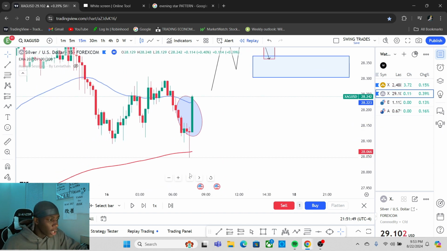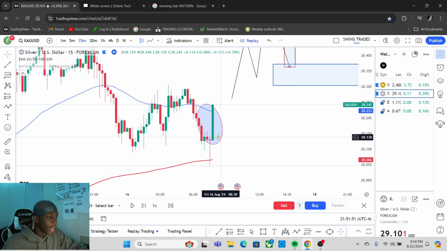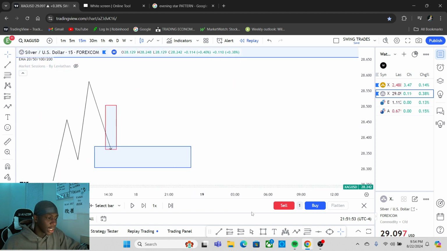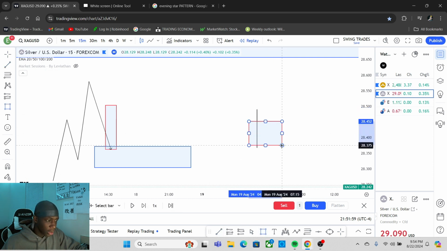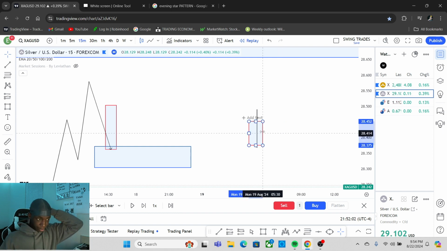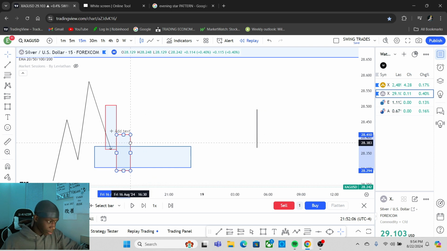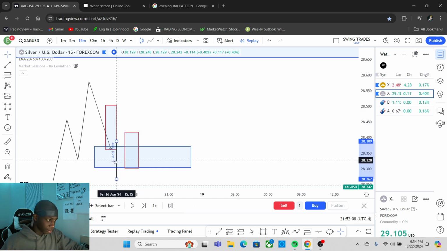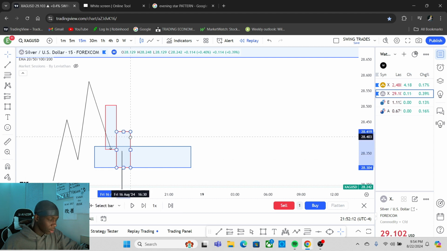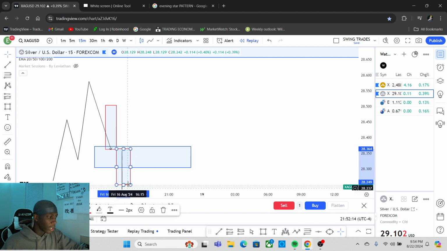It's a long wick with a small body, and it can look like this. So it means that the candlestick opened right here.